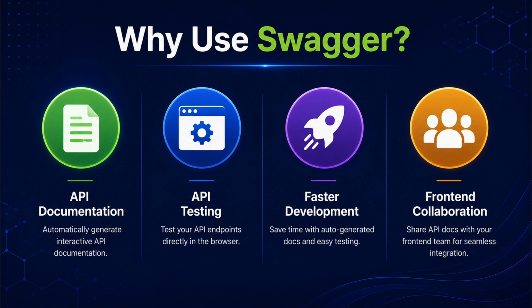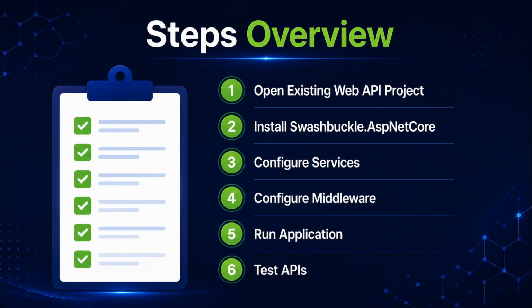Because as we develop, we also test the API using Swagger, which results in faster development. So at the end, after all the APIs are developed, we can provide the API documentation created by Swagger UI to the front-end team so they can continue their integration. That's why we use Swagger.